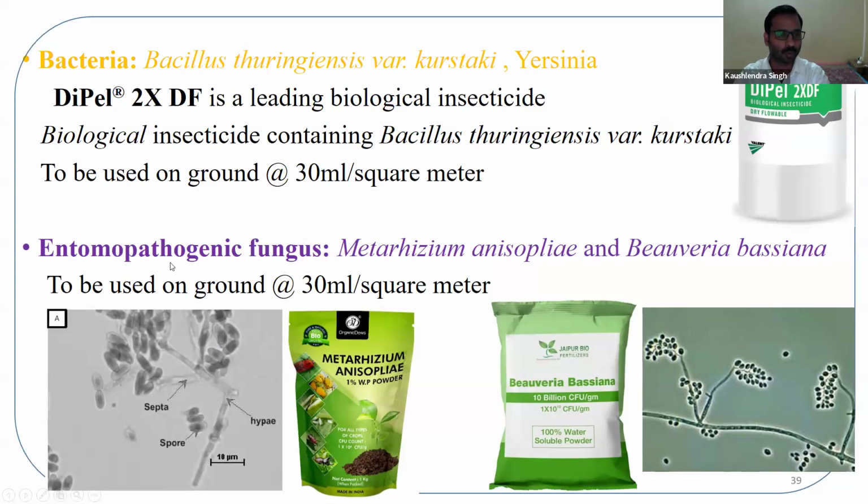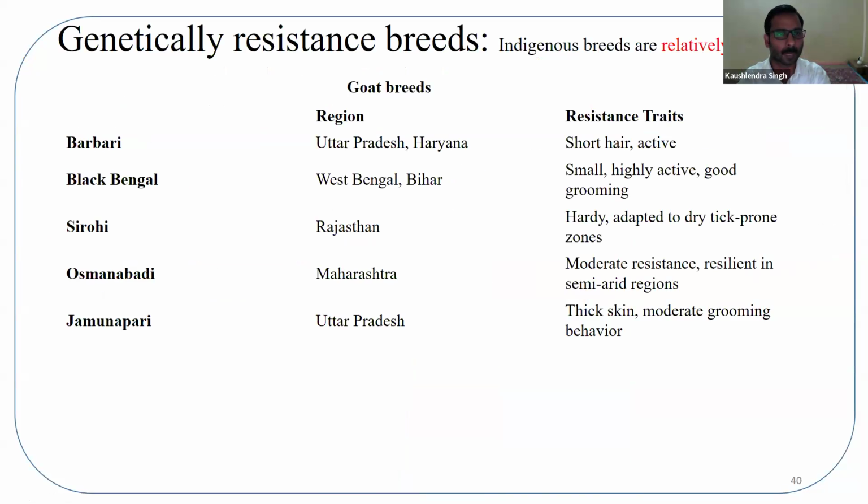The entomopathogenic fungi Metarhizium anisopliae and Beauveria bassiana can be used on the ground at the rate of 30 ml per square meter for controlling ticks.